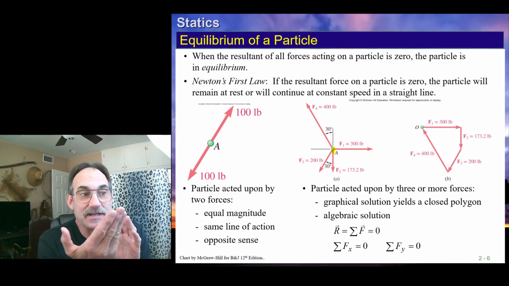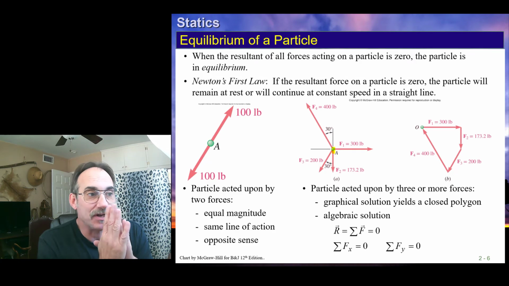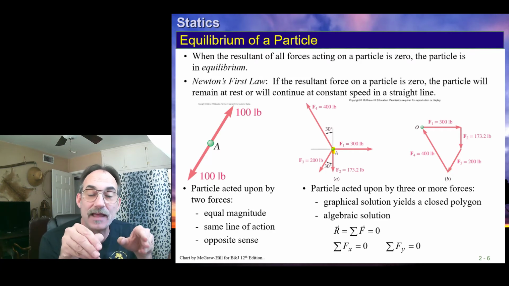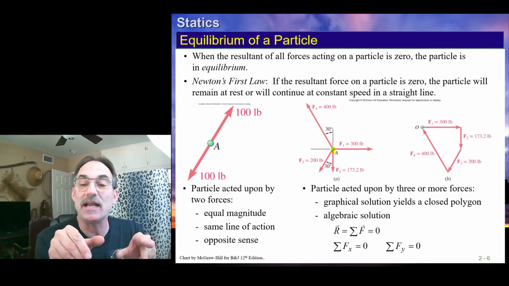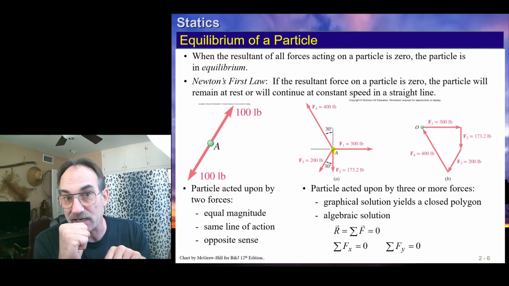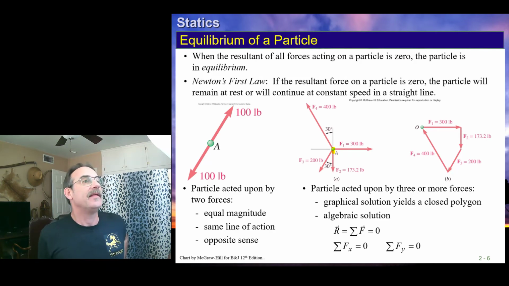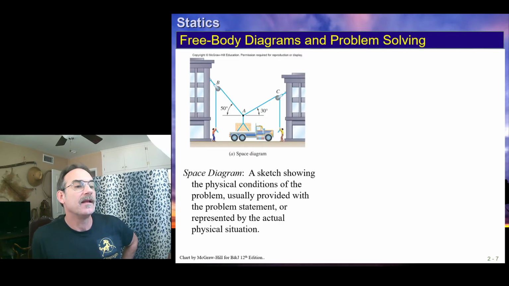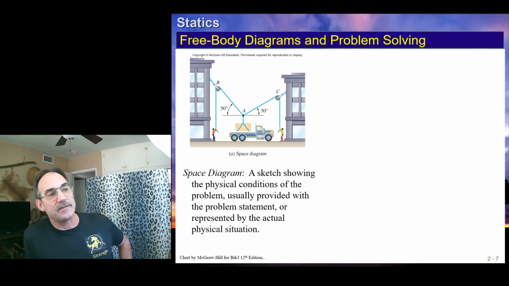That would be the same as showing that all components go to 0. Or you can come up with the x and y component of each, add them all together, and set each component equal to 0 if that particle is going to be non-moving. That's what imposing equilibrium means. Got it? Okay. Let's look at some examples then.